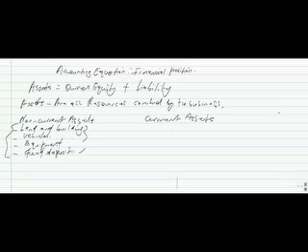And then when it comes to current assets, current assets are the assets that can be converted into cash within 1 year. These assets have a short period of time inside of the business.